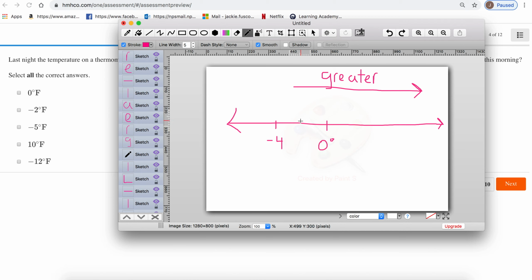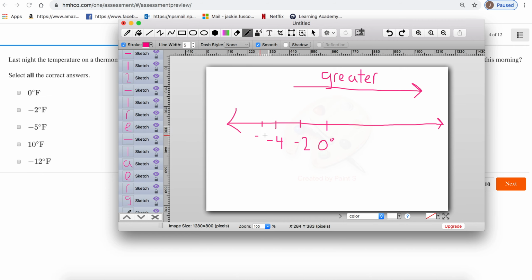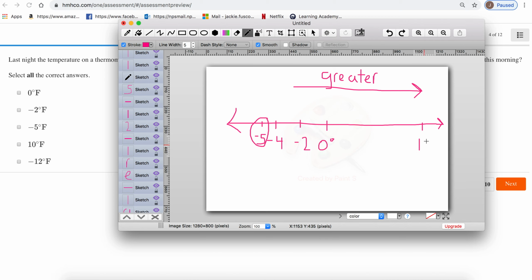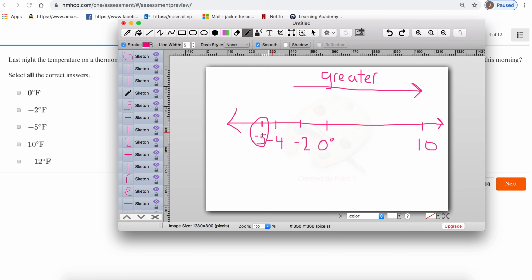-2 is another option, but that is still greater than -4, so that's not going to work. I have -5, because -5 is to the left of -4, it's smaller, it's colder. I have a +10, which is a lot greater, and I have a -12.